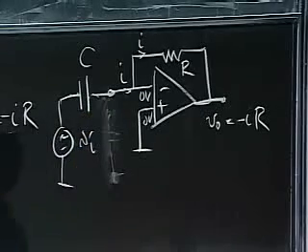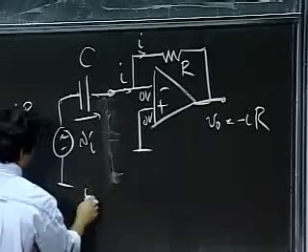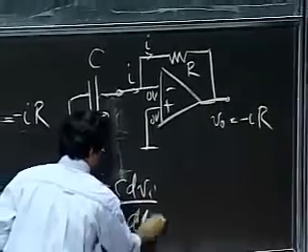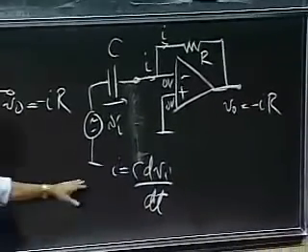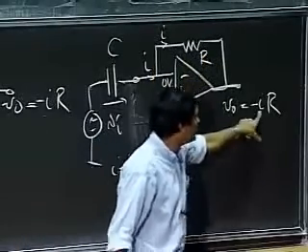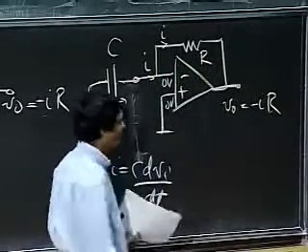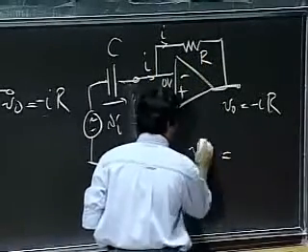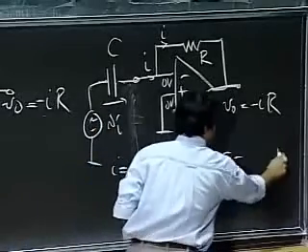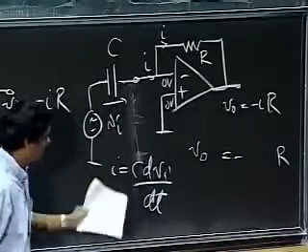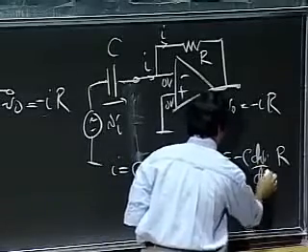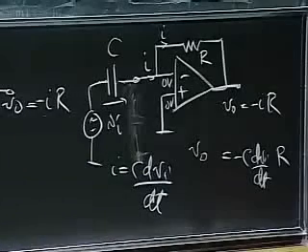All right, but the current I here is simply C dVi/dt. And since that current is C dVi/dt, that current flows through here and gives me V naught as IR. So V naught is simply minus R, let me substitute for I there, C dVi/dt.